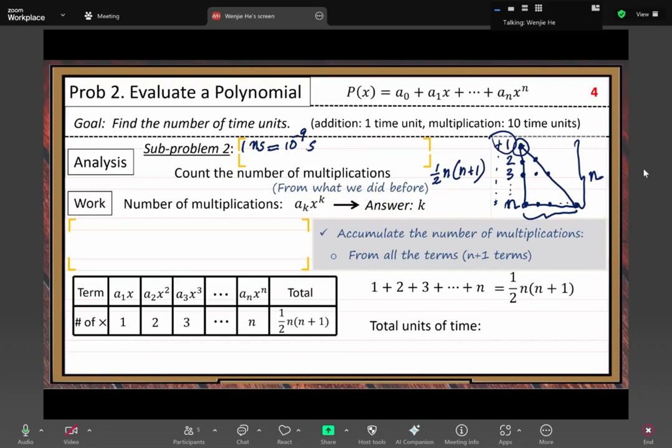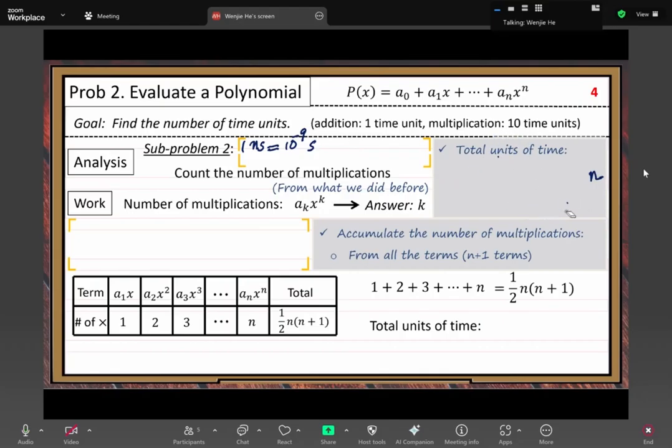So let's do another step of calculation. The total number of units of time: additions, each addition 1 unit, so 1 times n units of time.